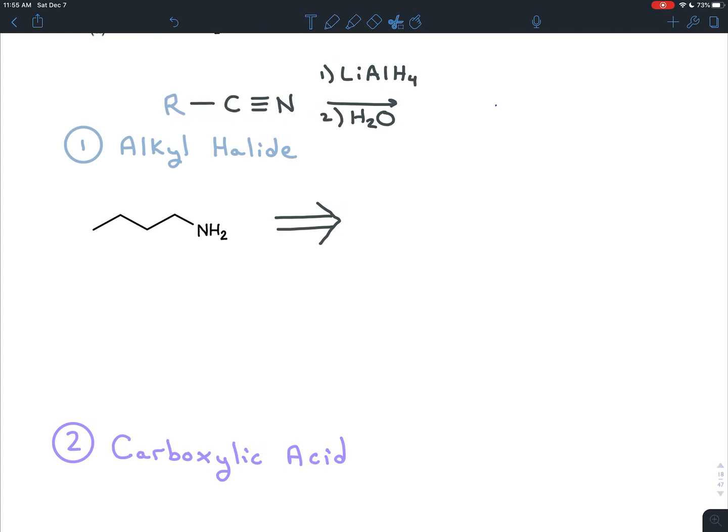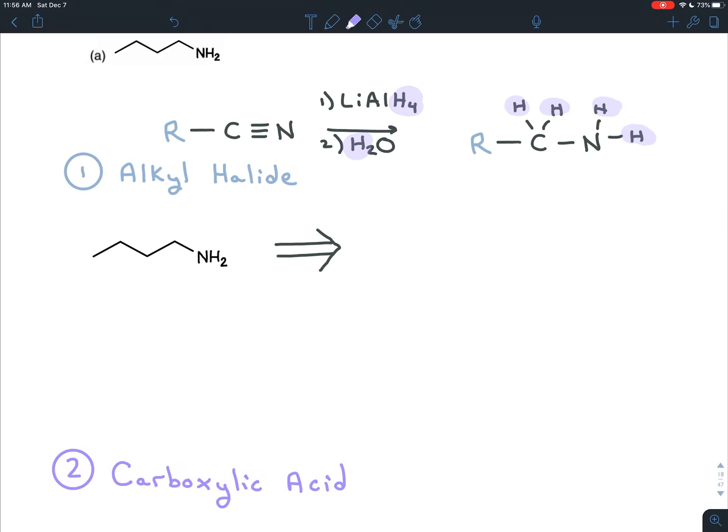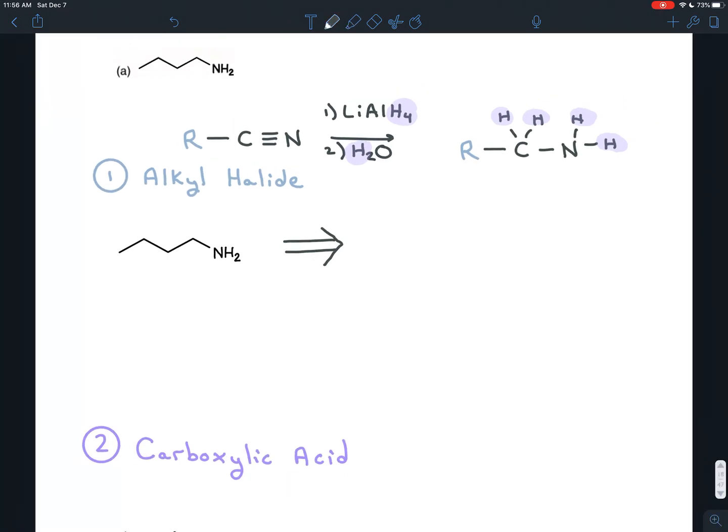Remember that lithium aluminum hydride is a source of hydrogen nucleophiles. And so the hydrogen nucleophiles attack this carbon over and over, and then the nitrogen gets protonated, so that you end up replacing these two bonds between the carbon and the nitrogen with bonds to hydrogens, from the hydrogens in lithium aluminum hydride and water. So we have a two-step method for creating amines from alkyl halides.